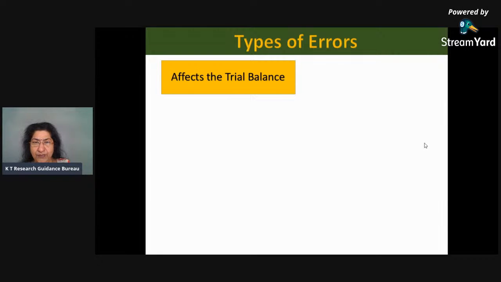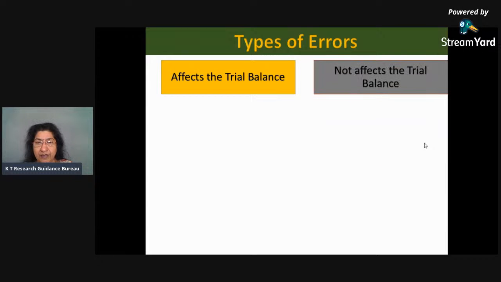If you want to divide all these types of errors into two categories, then you can divide them this way: those that affect the trial balance and those that do not affect the trial balance. When I explained the errors, at that time I told you that many errors affect the trial balance and many others do not.